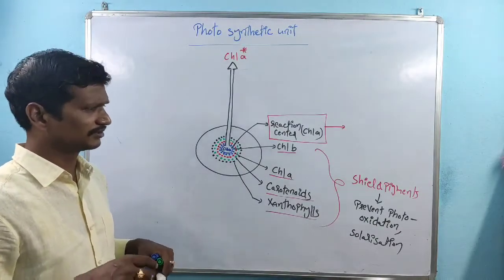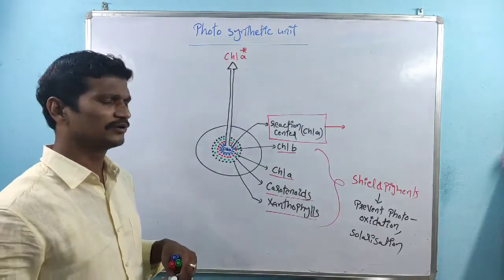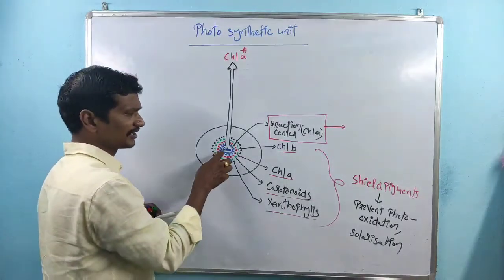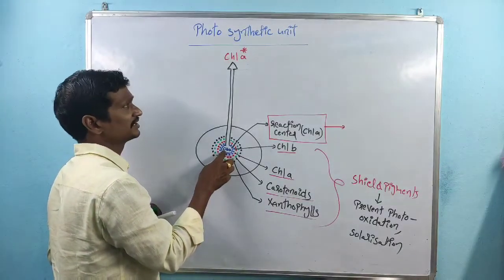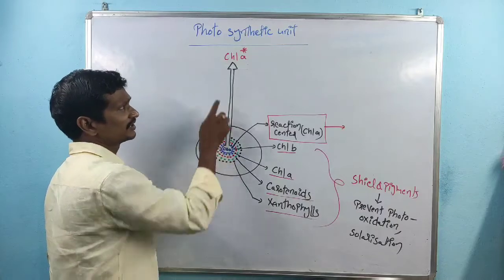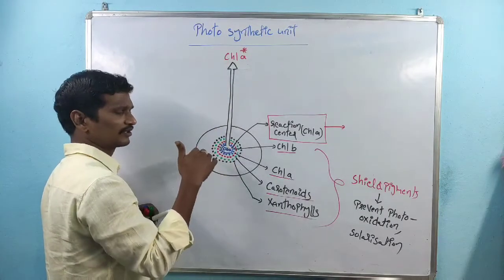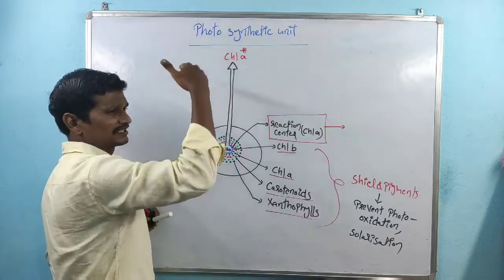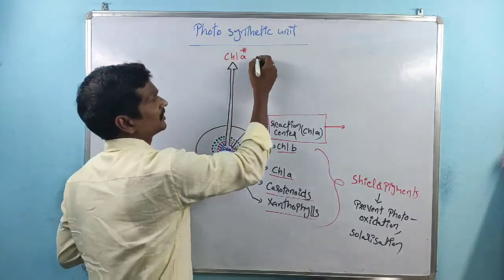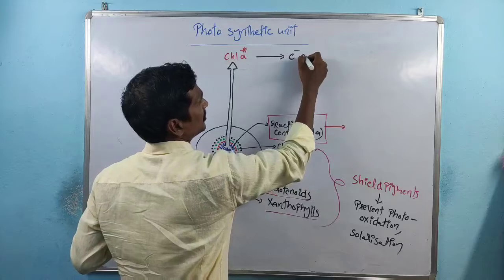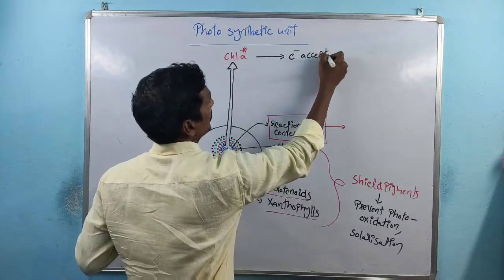So that is about the pigments which are involved. And this is the reaction center. Once the reaction center absorbs the light energy, this is the normal ground state and this is the excited state. We know electrons have a ground level state and an excited state. Again, these electrons are transferred to an electron acceptor.